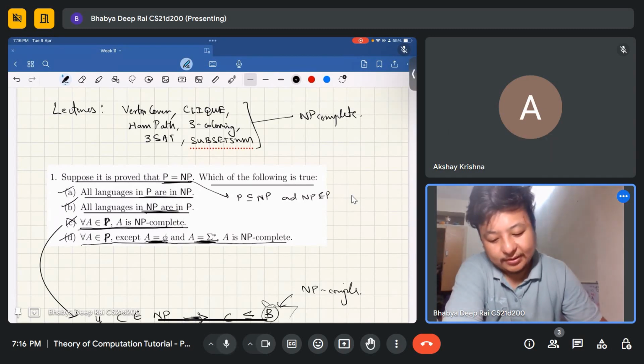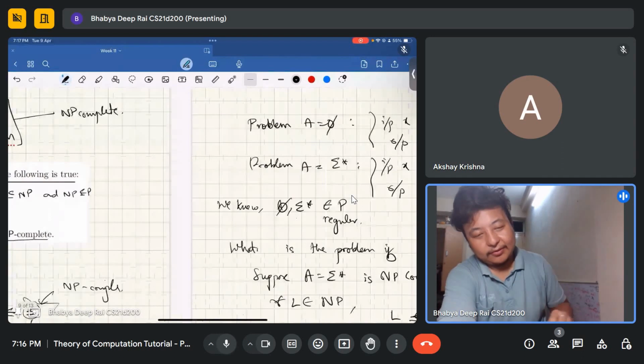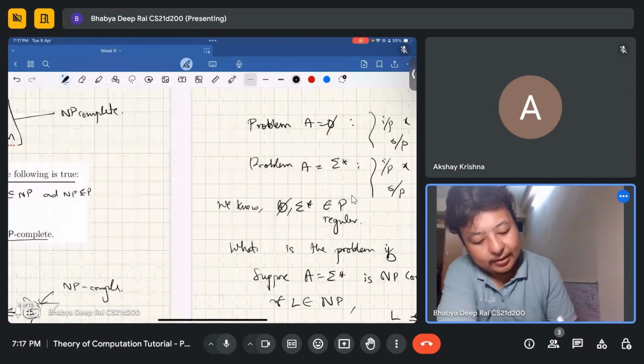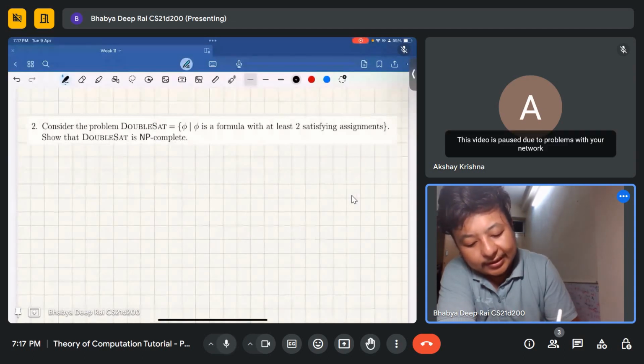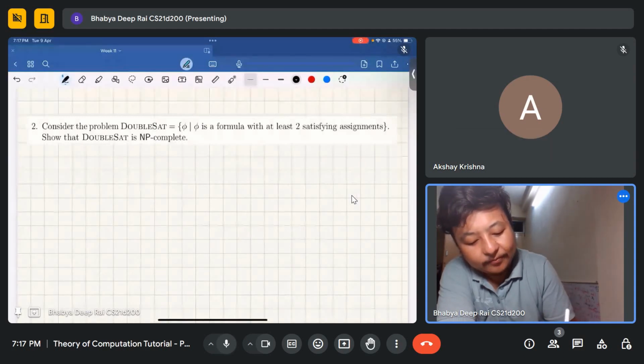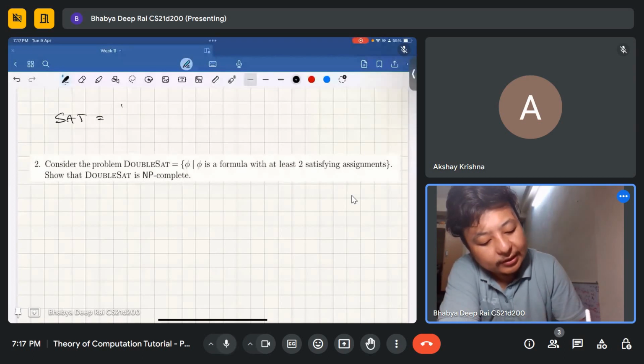Okay, let's look at another question. Recall SAT. SAT is: given a formula phi such that phi is satisfiable.